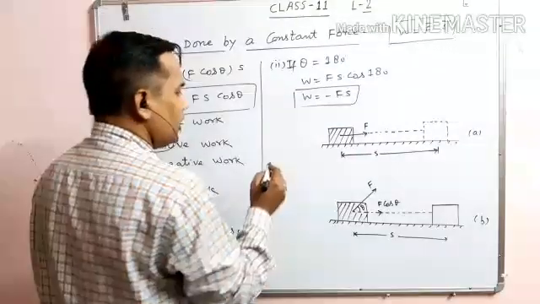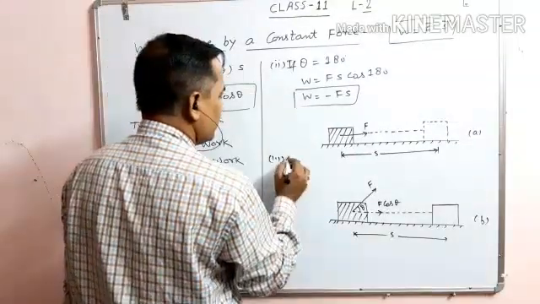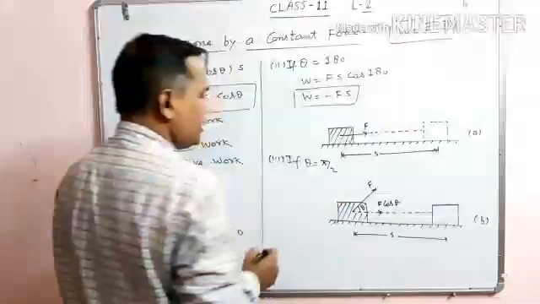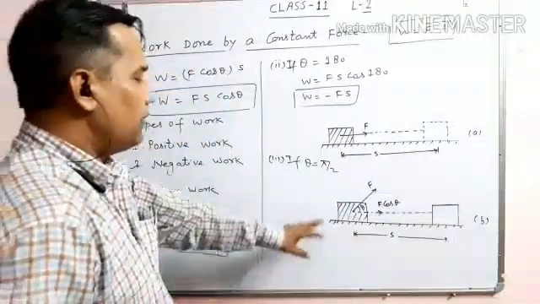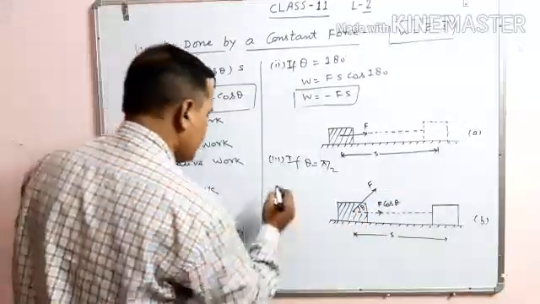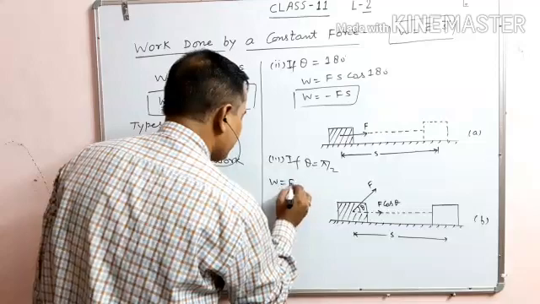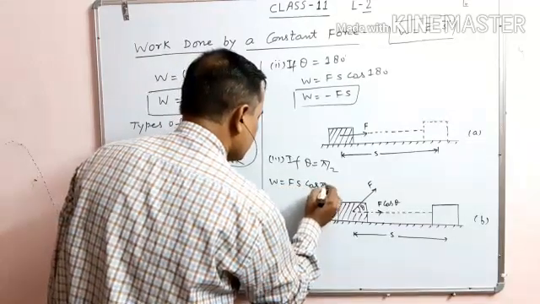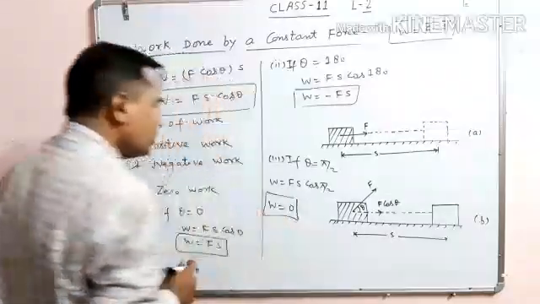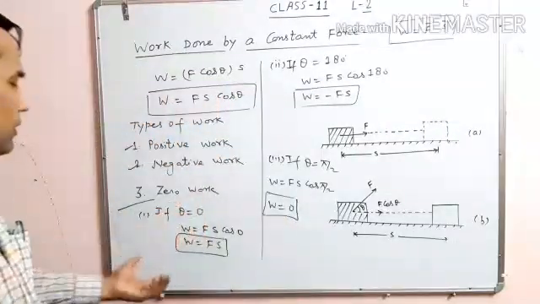Okay, beta. And third, if theta is 90 degrees, that is, the angle between F and displacement is 90 degrees, work done is Fs cos 90 degrees, so work done becomes 0. In this situation the work done will be 0.